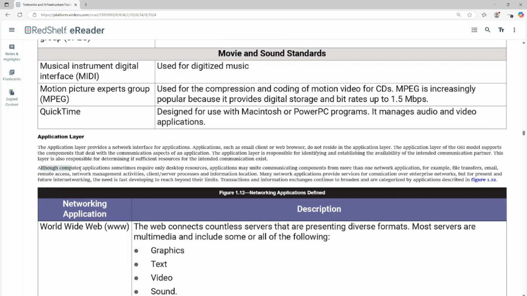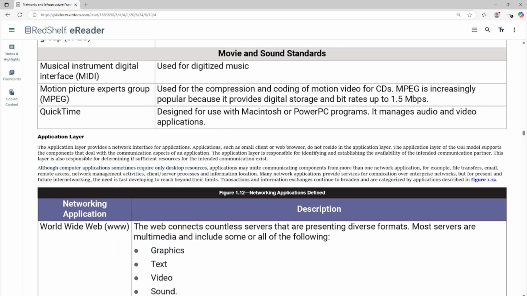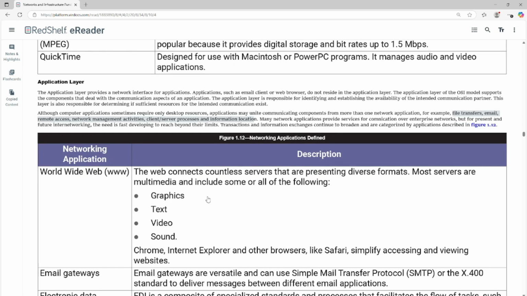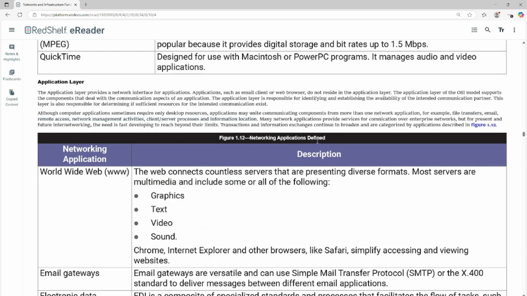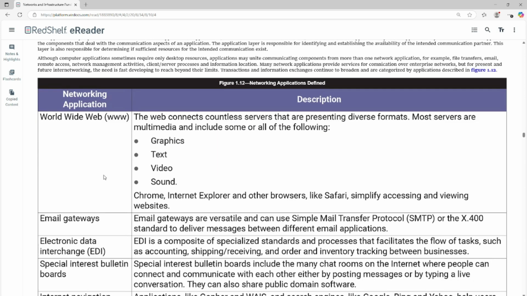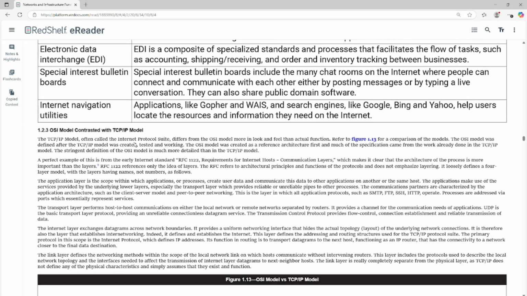Also, although computer applications sometimes require only desktop resources, applications may unite communicating components from more than one network application, for example file transfers, email, remote access, network management activities, client-server processes, and information location. The table in figure 1.12 presents networking applications that are defined. So you've got the World Wide Web and email gateways. Just read that, get acquainted with it.